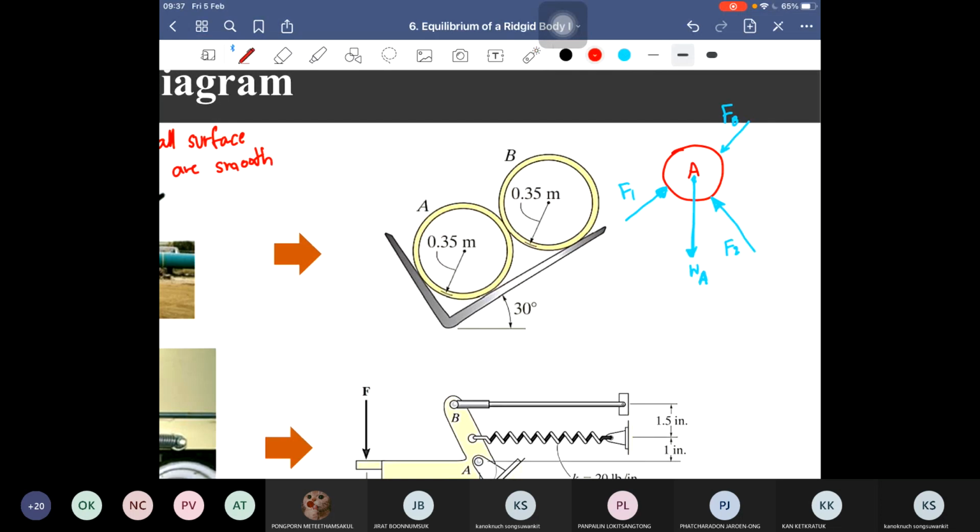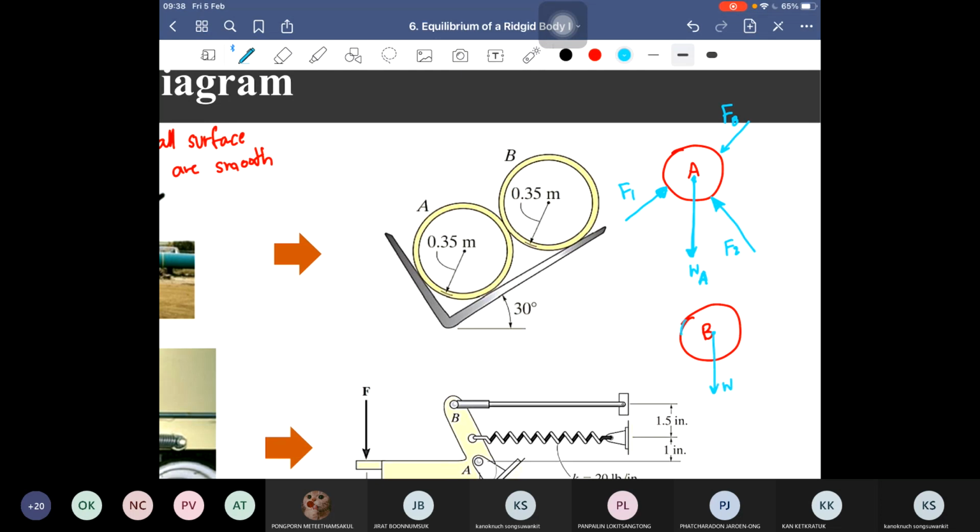Now let's see body B. For body B, we have two contact surfaces, right, between B and the floor and B and A. Body B itself produces one weight.